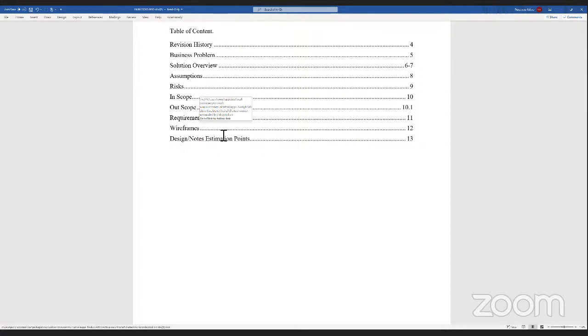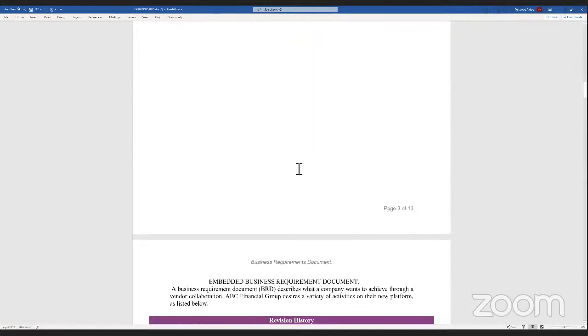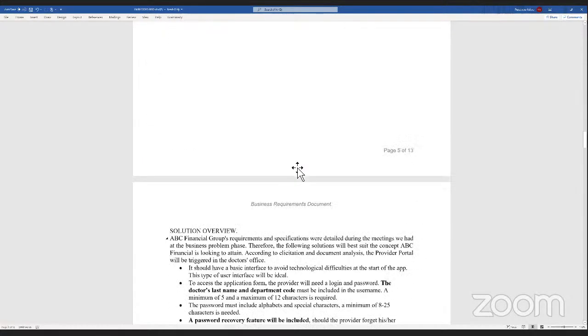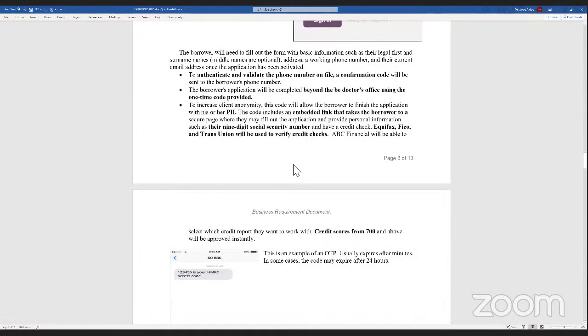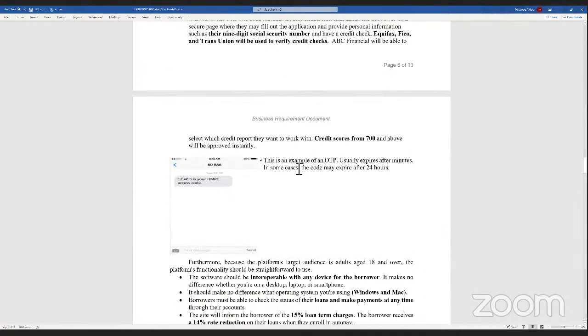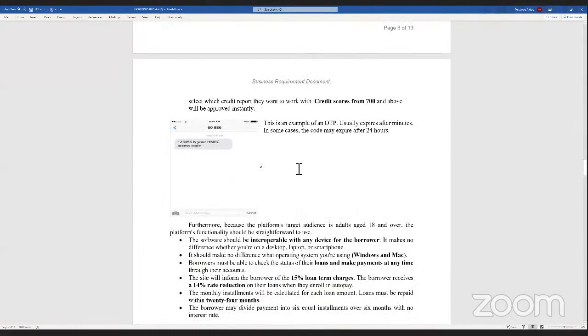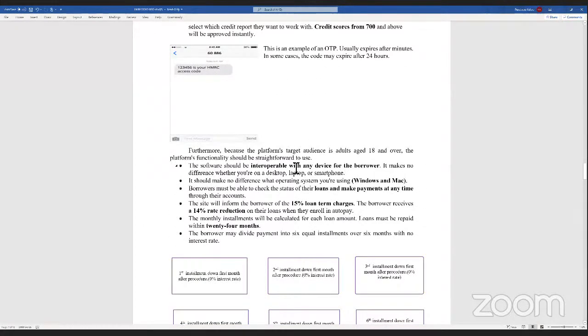I think page 7, if I'm not wrong. Level 7 of 13. I'm on 7. Yeah, this is page 10.